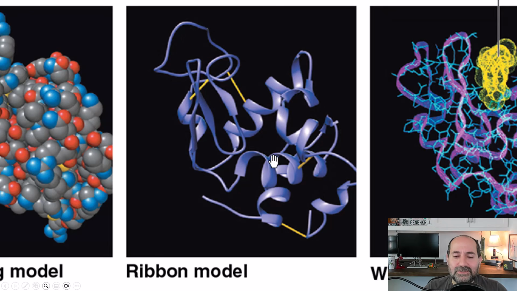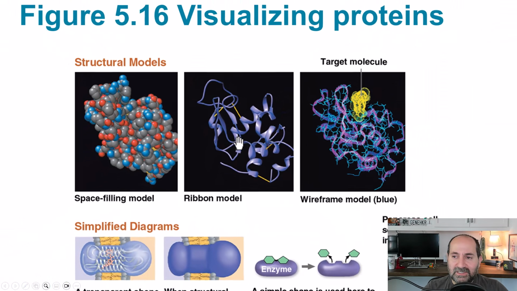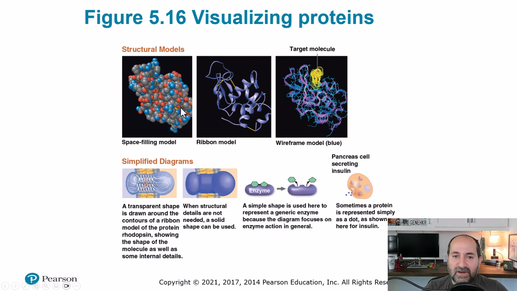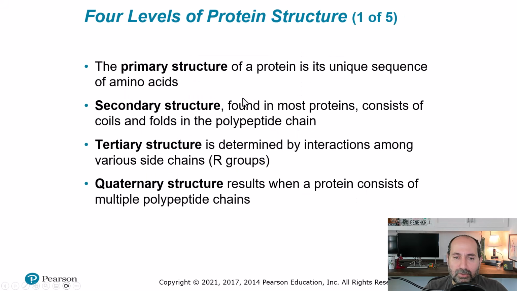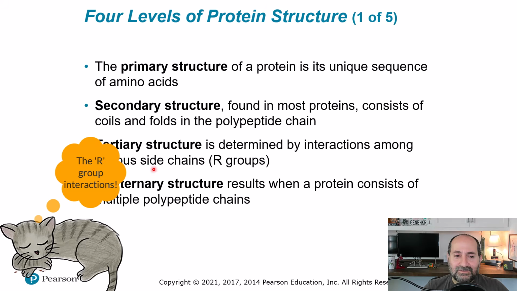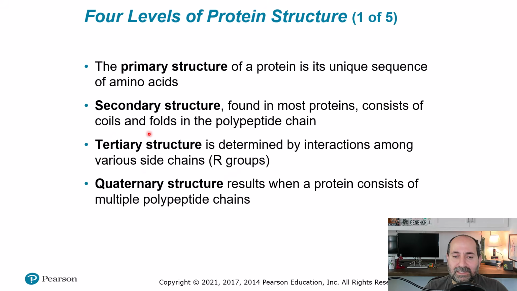And then those fold in on one another to form the tertiary structure, the final folded protein, which is necessary for its function. And do you remember what's responsible for the final folded structure of a protein? That's right, the side chain interactions. So interactions between the R groups. I'm going to explain this next.